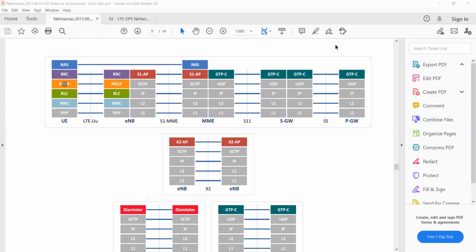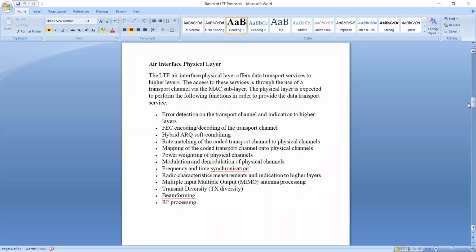PHY means physical layer. The main functionalities of the physical layer are these, and you can write some of them, which are very important.